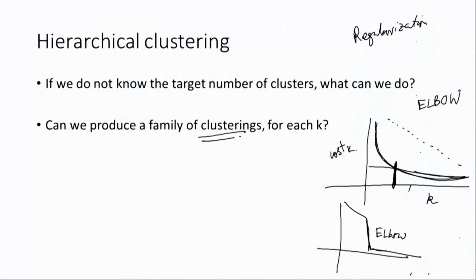If you want k equal to 2, I'll cut it off appropriately to derive a clustering with k equal to 2. If you want k equal to 1 million, I'll cut it off appropriately to give you k equal to 1 million. Obviously k cannot be more than the number of points. So for anything from 1 to the number of points, I'll give an appropriate clustering. This is known as hierarchical clustering.